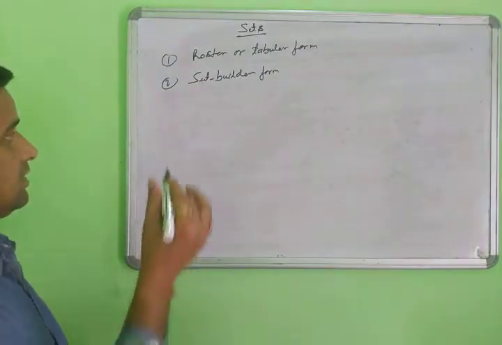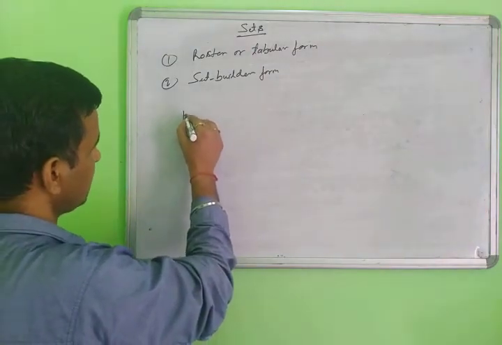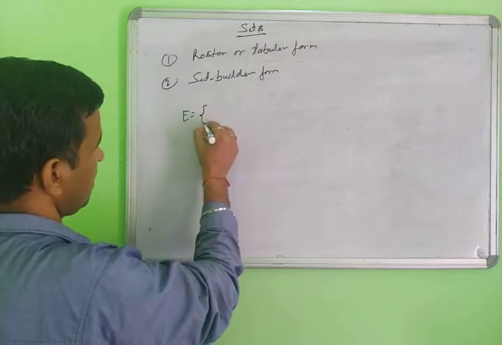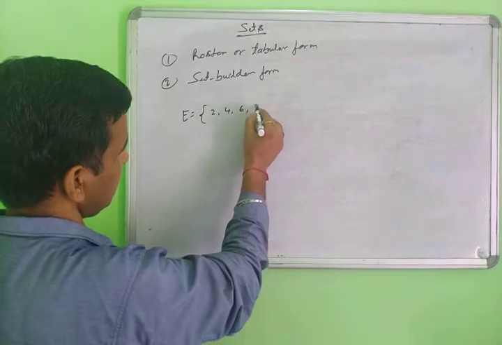So now look here. Suppose I am writing here even natural numbers: 2, 4, 6, 8.